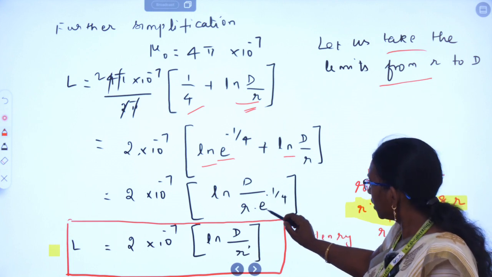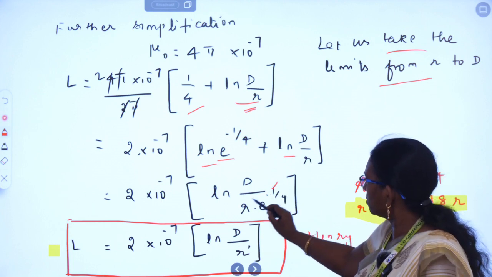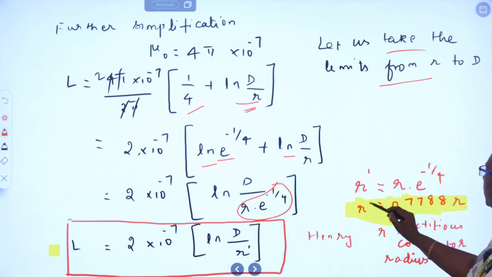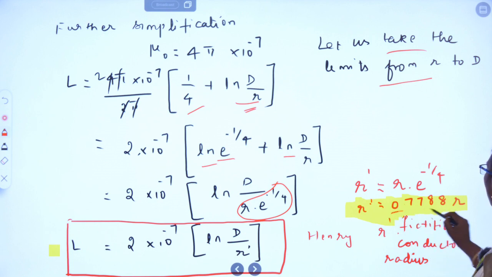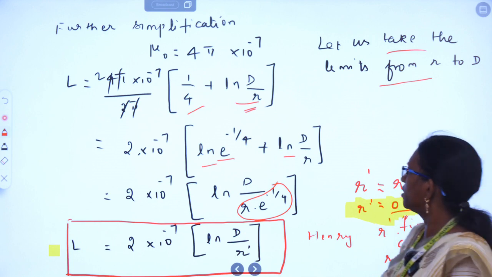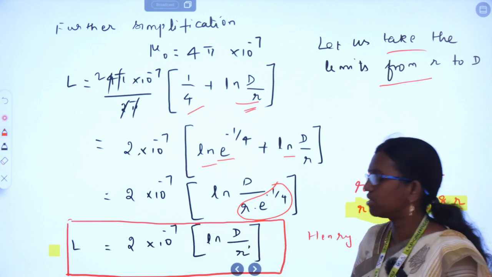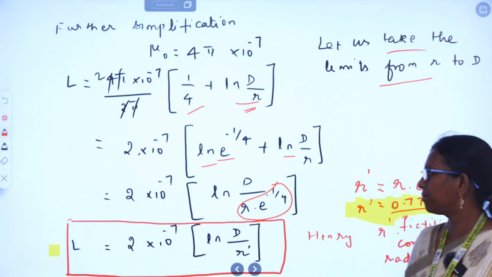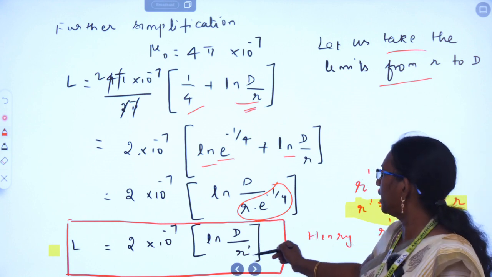Here we can see after this simplification process, we can obtain the value of r dash. r dash can be given as 0.7788 times r. So this is the finalized equation for inductance, and inductance is equal to 2 into 10 power minus 7 ln d by r dash.